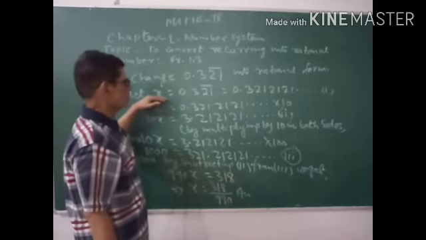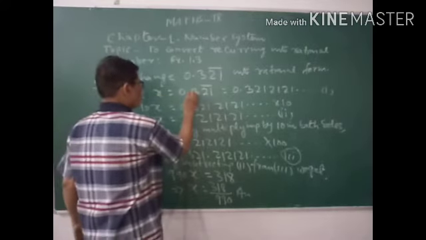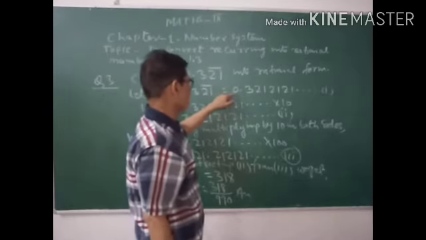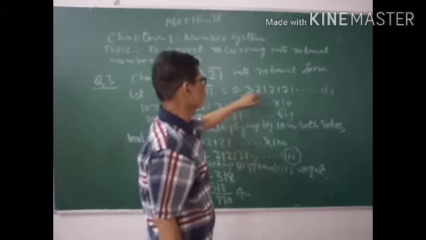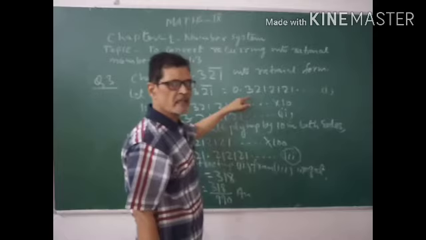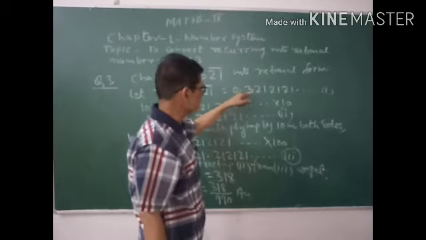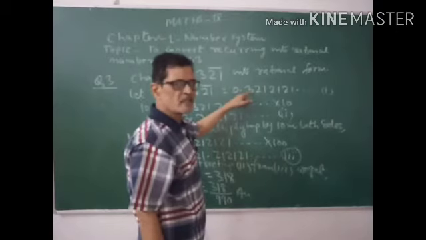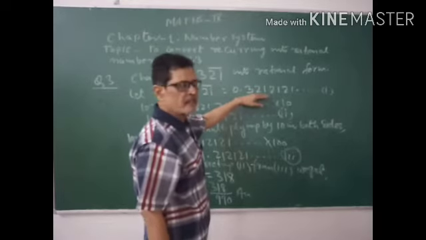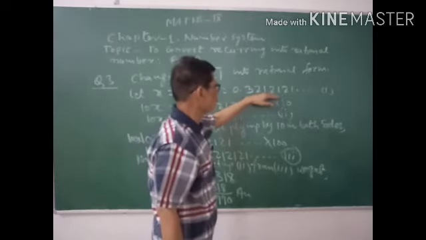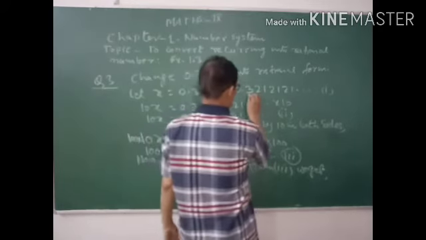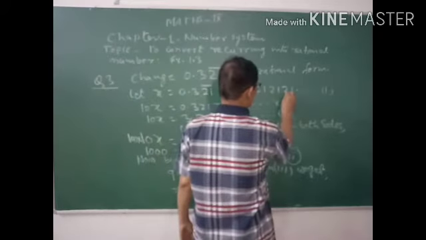So let us consider x equal to 0.321 with recurring on 21. This can be written as 0.3212121. 3 will not be written again and again because it is without recurring. There is no recurring on 3. Only 2 digits have recurring, so these digits 2 and 1 will repeat again and again. So this will become 0.3212121.